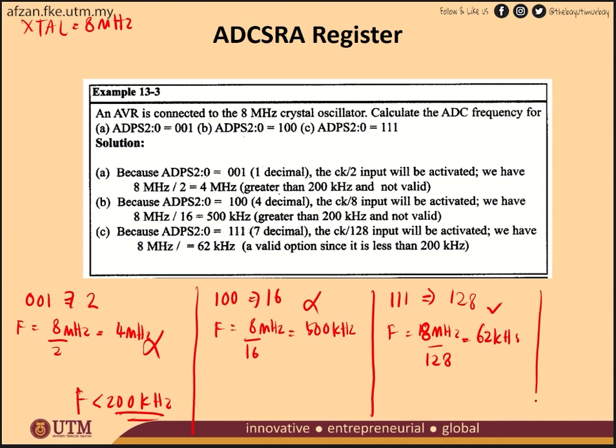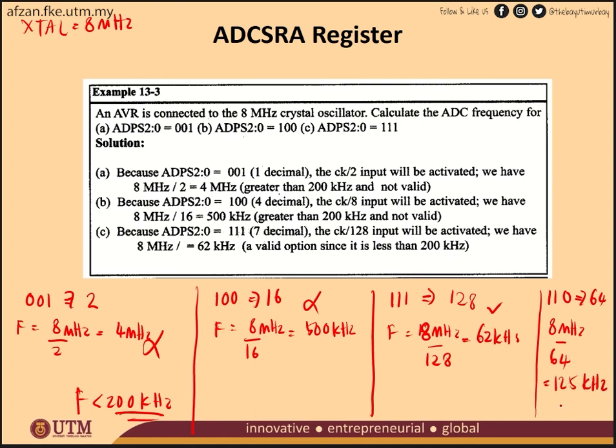What about, let's say, we select a prescaler of 64, which is 110? F is 8 megahertz divided by 64. How much will you get? Divided by 64, you get 125 kilohertz.